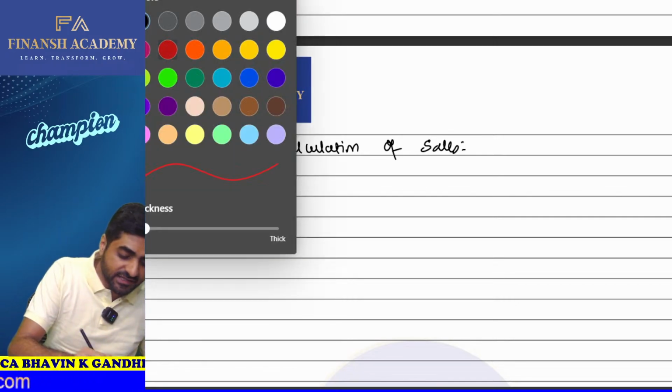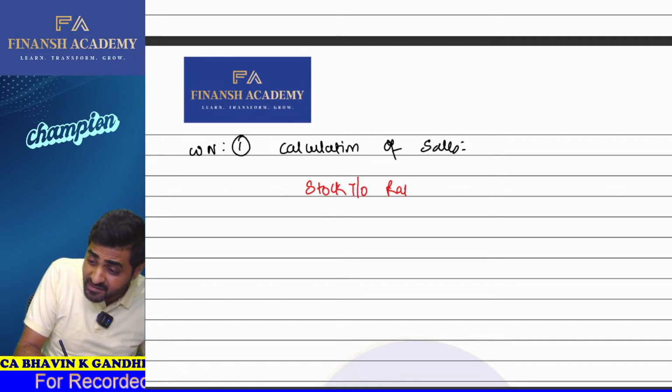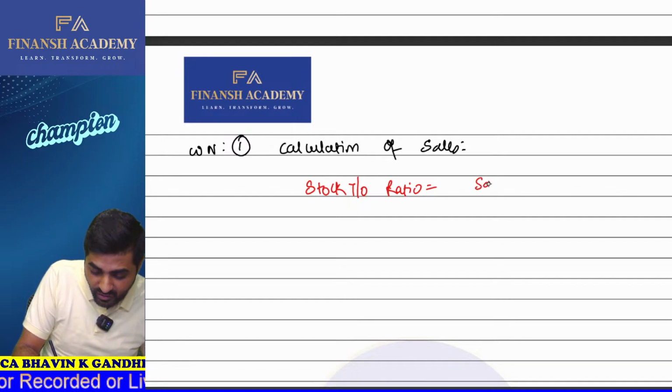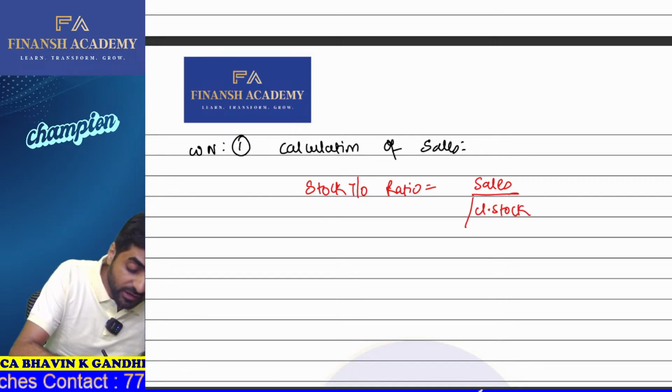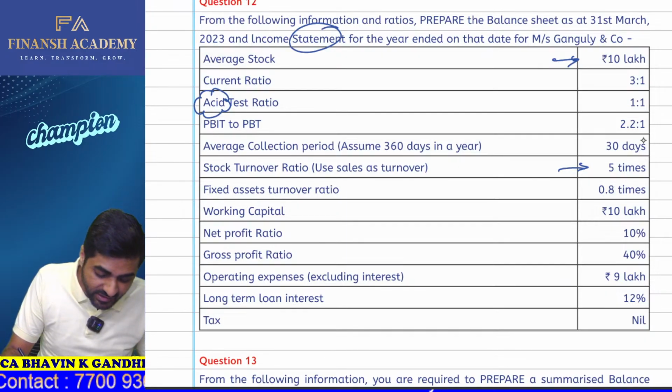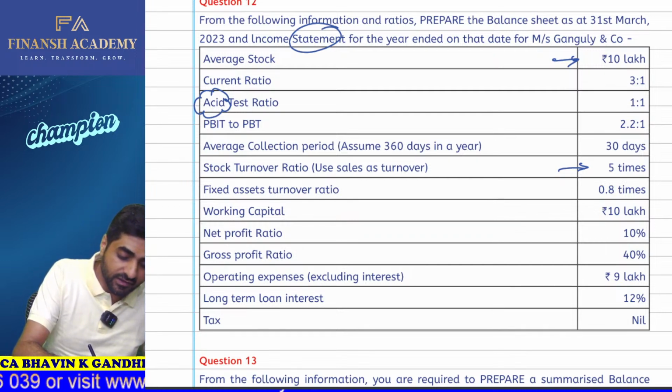In this calculation of sales, I will take into consideration your stock turnover ratio. And what is the formula for stock turnover ratio? It is nothing but sales upon closing stock. Okay. Chalo, fine, no problem. If there is any other stock which is given to you here, but unfortunately there is no other stock which is available here.